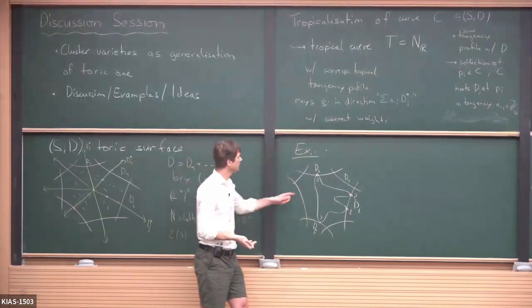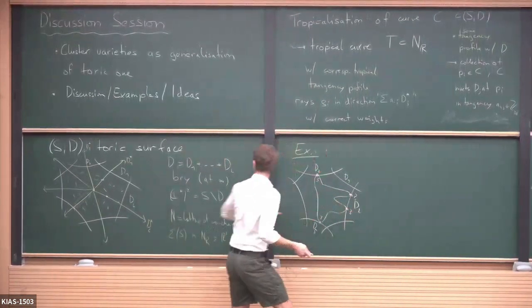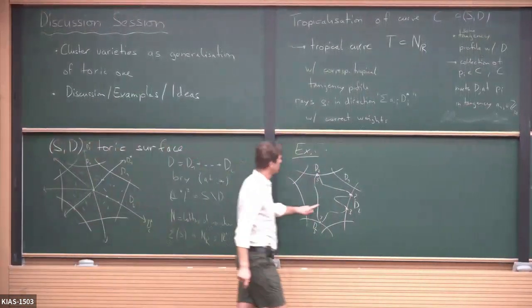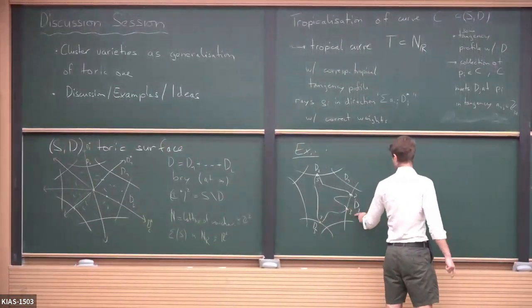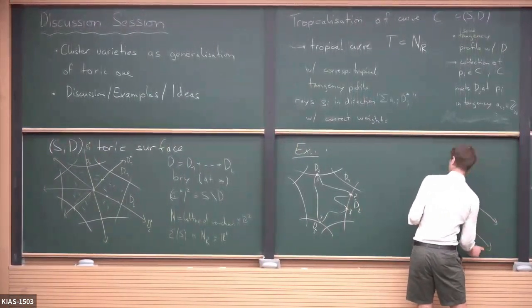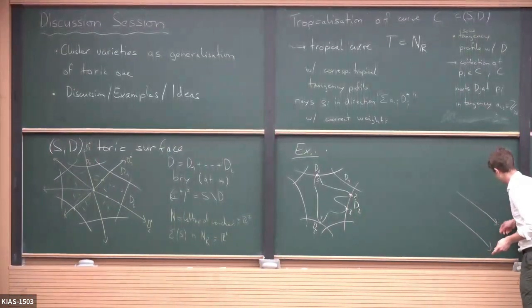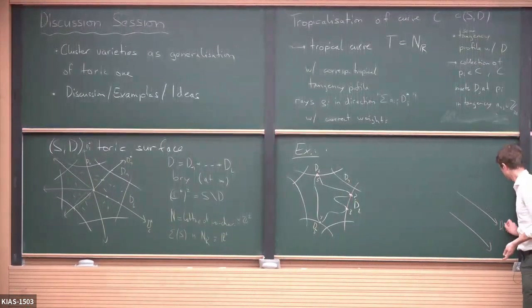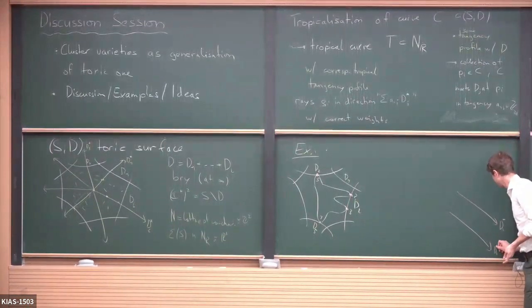So the rays would be, so the DL gives us this direction here. And then we have 2 points. So that means that we have 2 rays in the direction of DL dual.